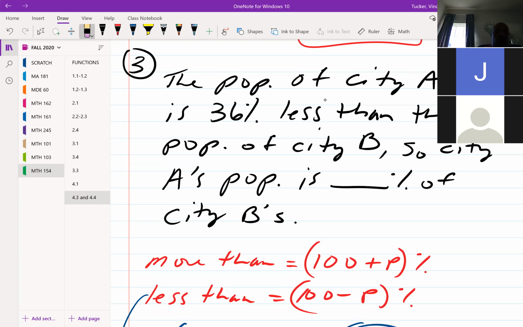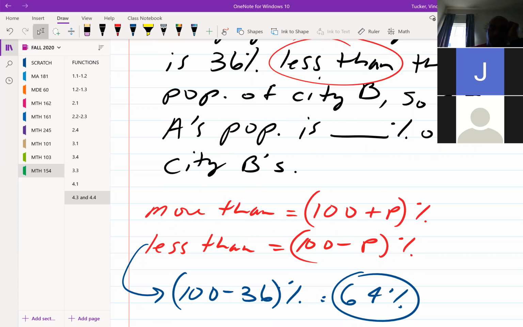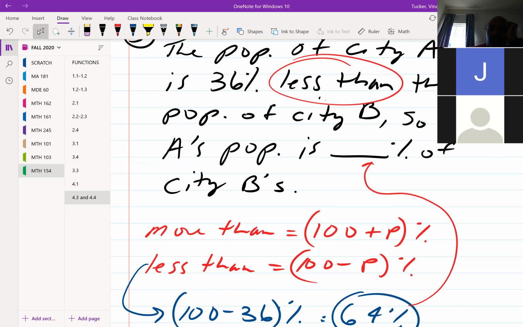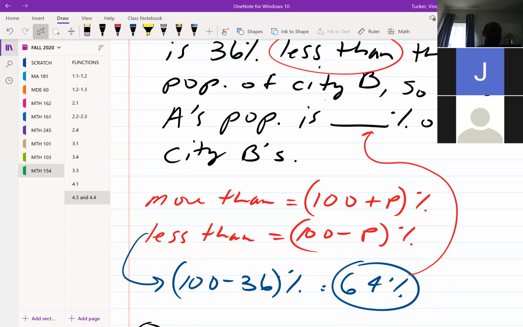Keywords here: if it's more than, we will be looking at 100 plus P percent. If it's less than, we're looking at 100 minus P percent. So the keywords here for us is less than. So we do 100 minus 36%, which is 64%. Take that and put it in the blank. And so city A's population is 64% of B's population.